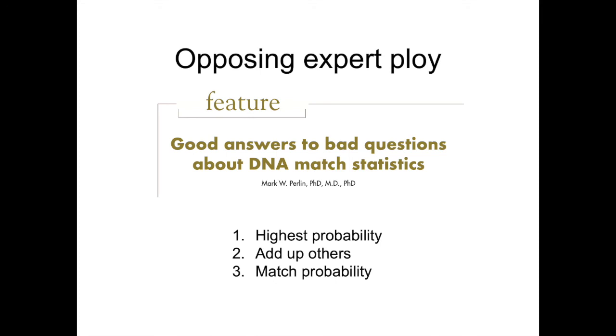What if you added up all the other probabilities? Well, that doesn't make any sense. You have to look at where the person you're comparing is. And then they look at just the numerator. The idea is that the match probability of the numerator may be small, but if the coincidence probability is much, much smaller, then a small number divided by a very small number is a big number.